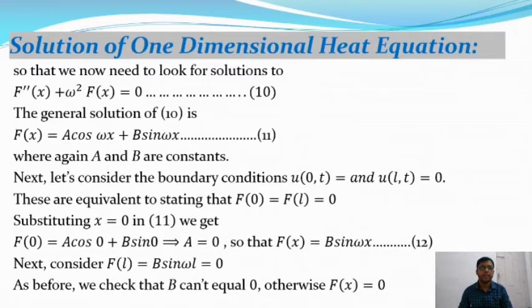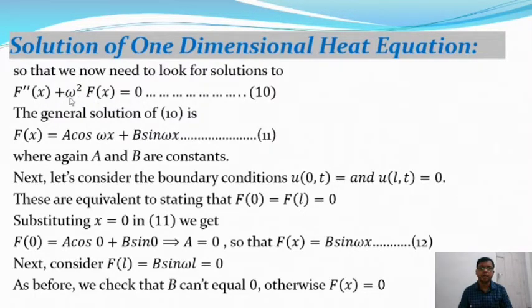Now we can apply the D operator method to this second order differential equation, and you already know how to solve a second order differential equation by the D operator method. So first of all, we will find the complementary function. You know the auxiliary equation is m square plus omega square is equal to 0.